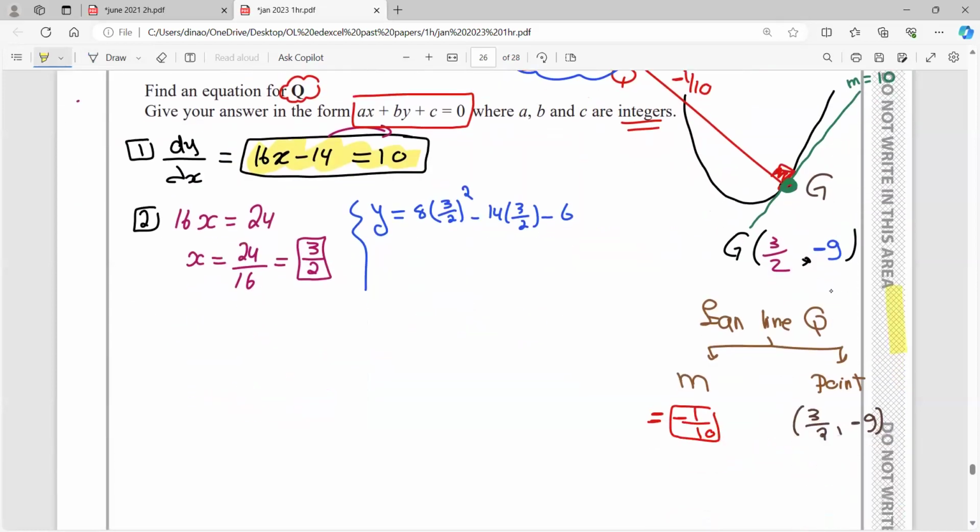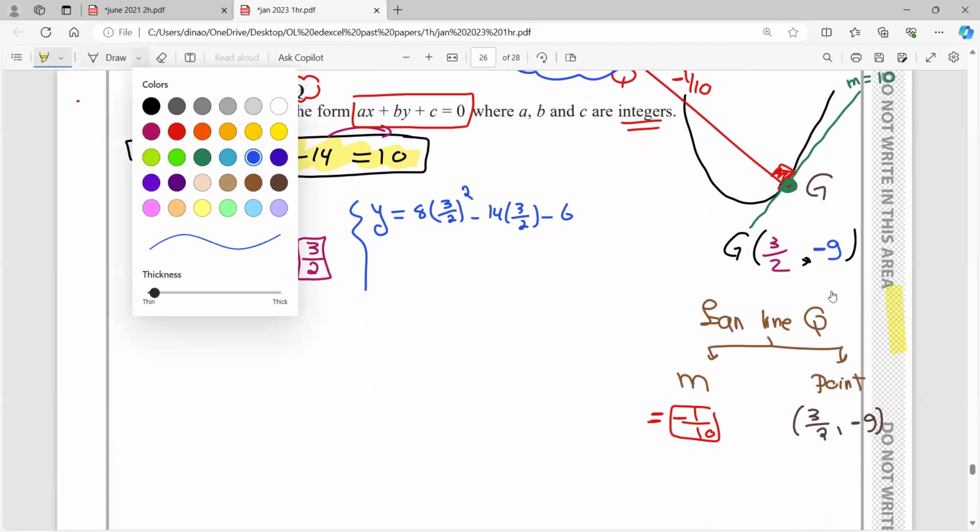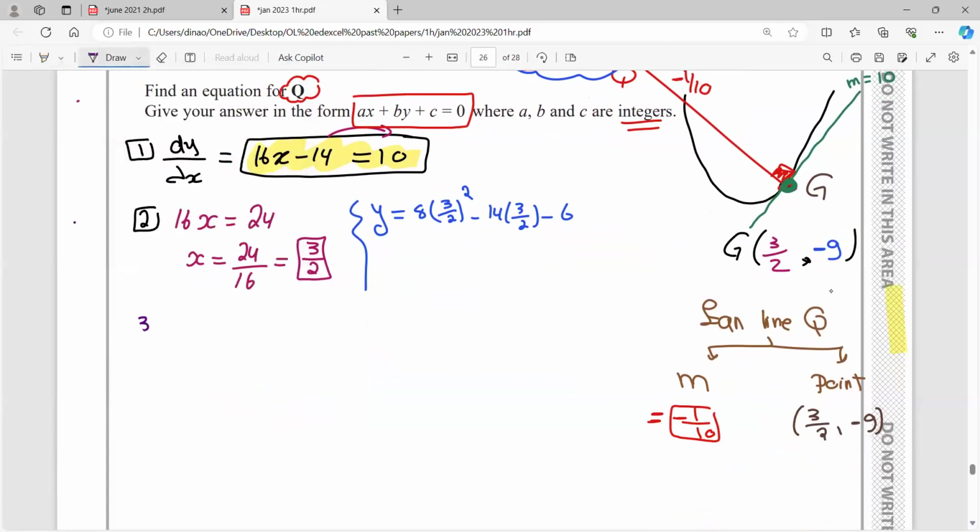As I explained in coordinate geometry, to write the equation of a line, I use the form y minus y1 equals m open bracket x minus x1. And then, if you remember, these are the letters that I replace by numbers.